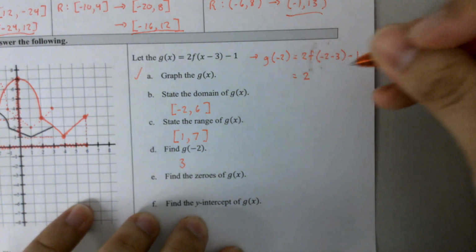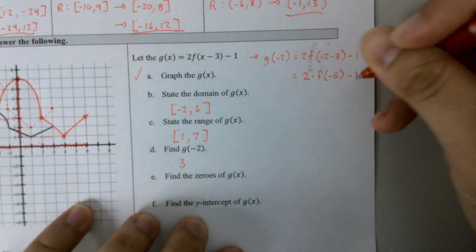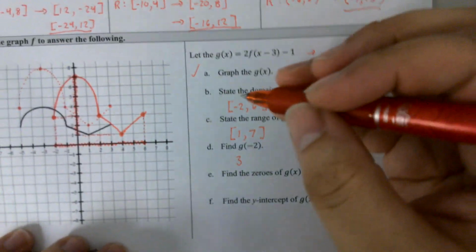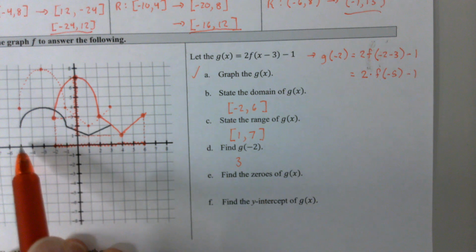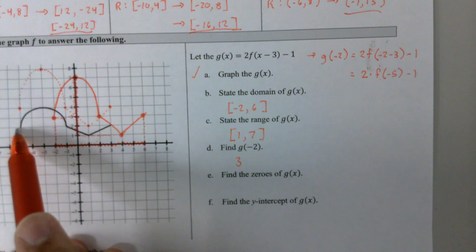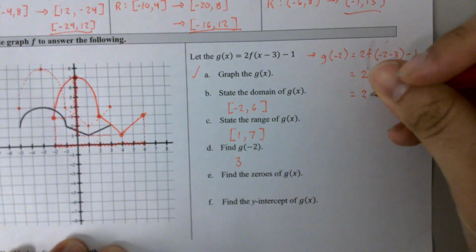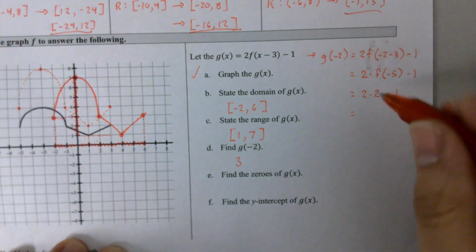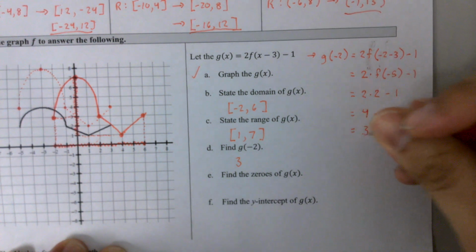Now we have 2 times f of -5 minus 1. We can swap out f of -5 by looking at our original graph. So f of -5, we look at, well, when x is equal to -5, what is the y value of f? That is +2. So this is equal to 2 times 2 minus 1. 2 times 2 is 4, minus 1, and we get 3.